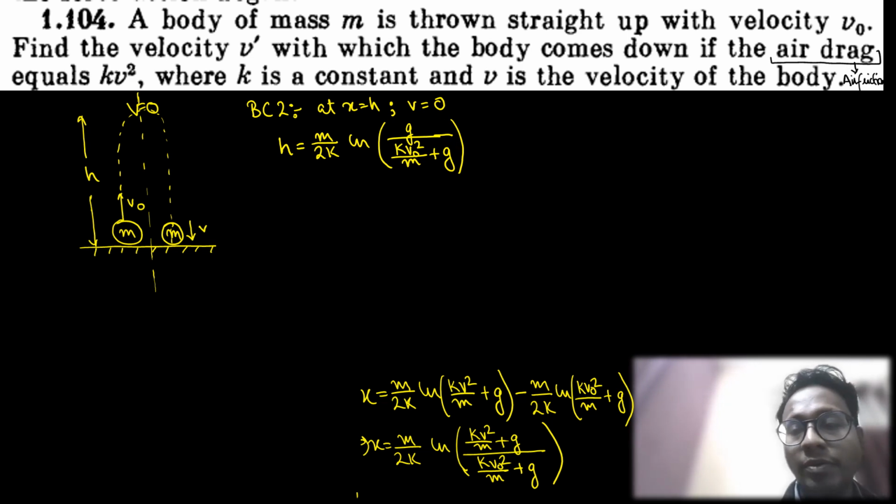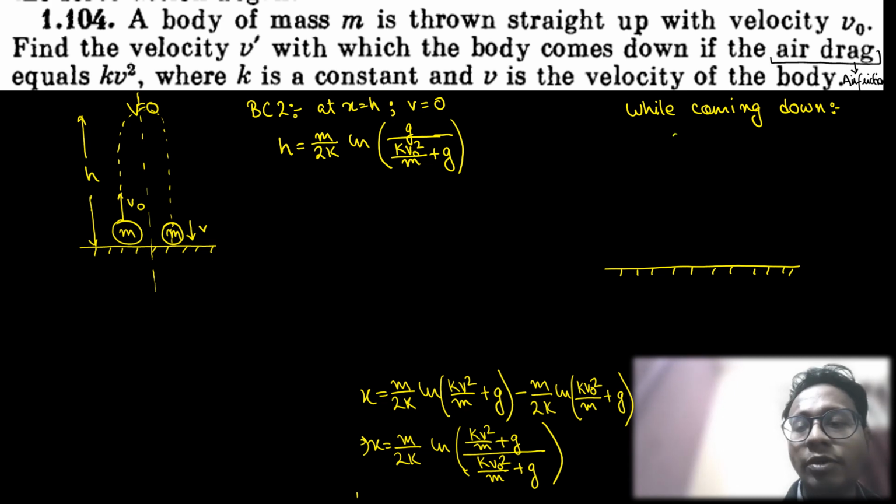Now while coming down, the ball is at the topmost position, at height h. We need to find the velocity when it is at the bottommost point.